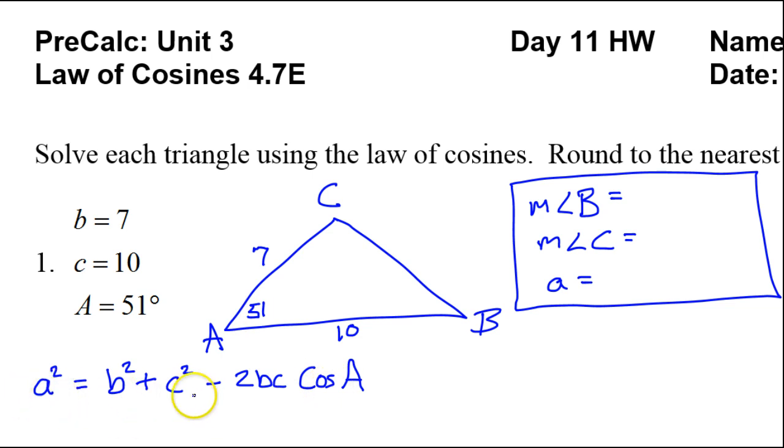It starts off looking basically like the Pythagorean theorem, A squared equals B squared plus C squared, but then there's this sort of modifier on the end of it because it's not a right triangle.